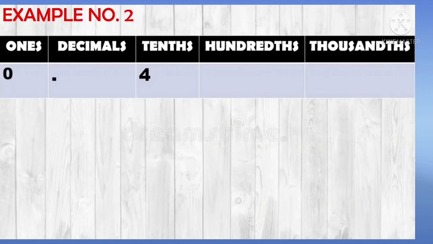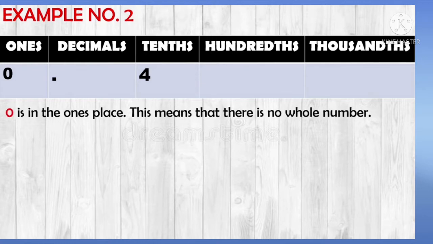Example number 2. Okay, again, under the place value of ones, we have 0. So, we have no whole number. Okay? Then we have in tenths 4. So, we have 0.4. Now, let's see what the value and place value are, and how to write 4/10 or 0.4. 0 is the ones place.